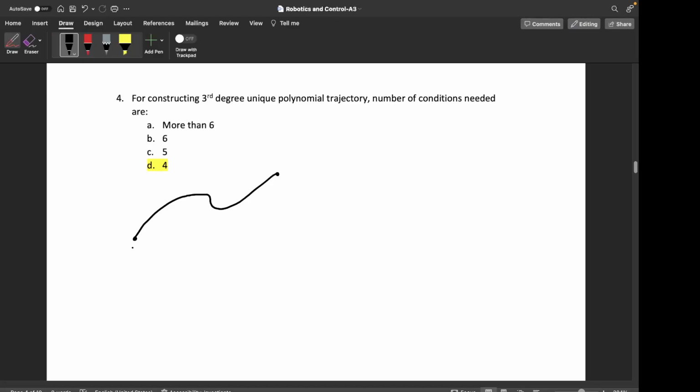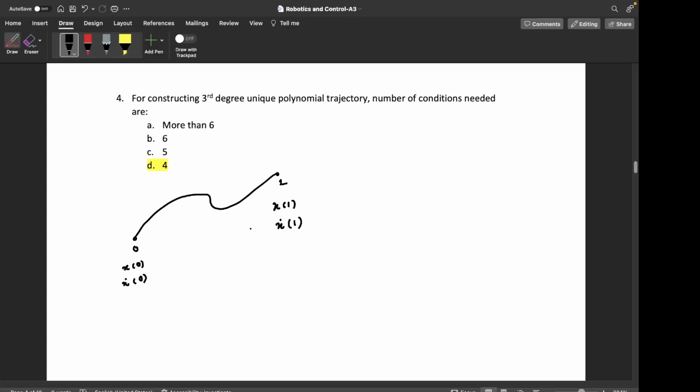So you need, let's say this is 0 and this is 1, x0, x dot 0, which is position and velocity at the first endpoint, and similarly position and velocity at the other endpoint, right?